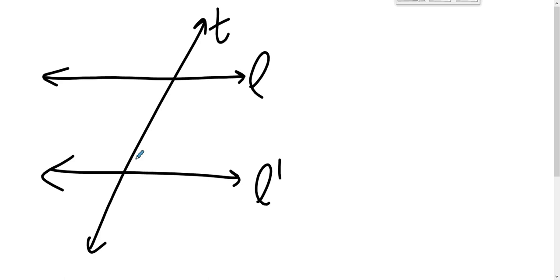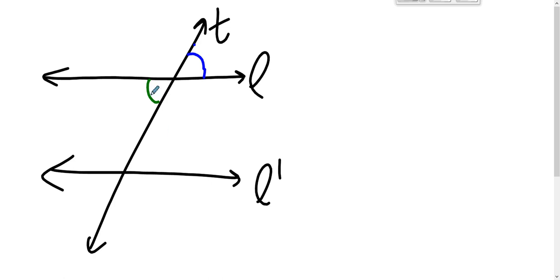When we talk about two lines being cut by a transversal, we talk about two kinds of angles. We talk about interior angles, meaning that the angle is so-called between the two parallel lines. And we talk about exterior angles, where the angle is sort of outside of the zone between the two parallel lines.